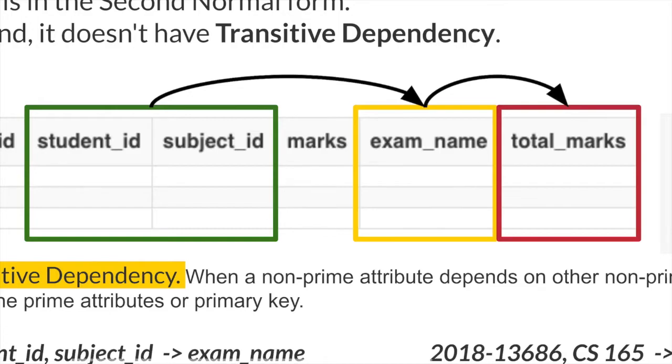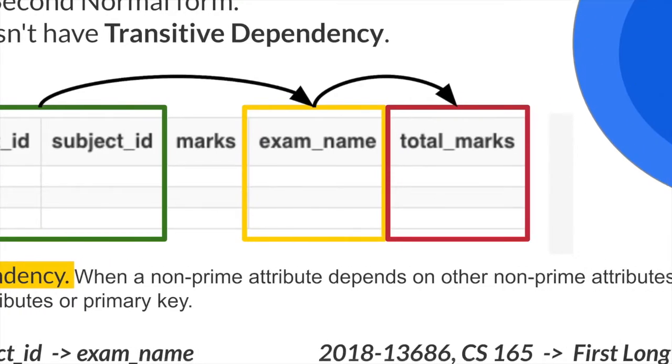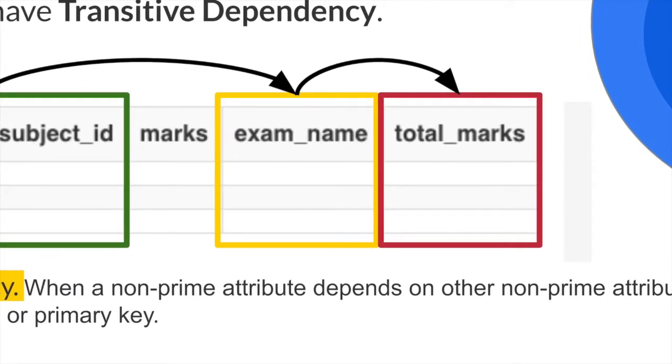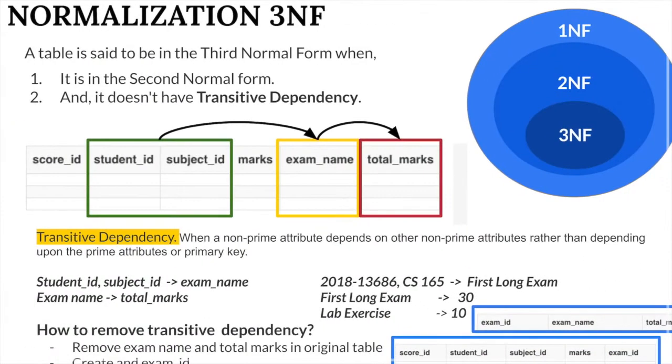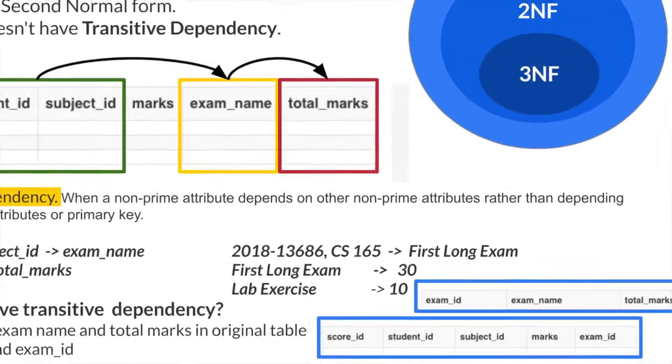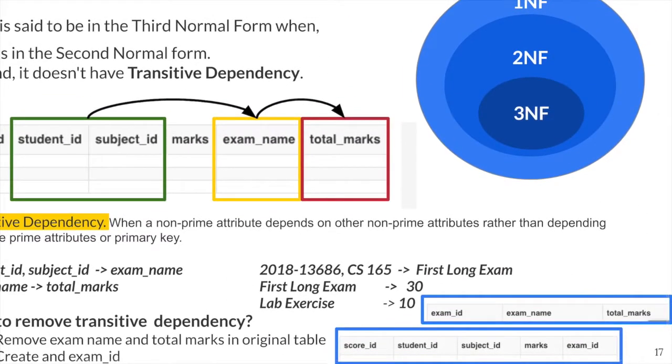However, we have a functional dependency then on the exam name and the total number of points. So, in this case, for example, meron tayong particular student, tapos may first long exam, and then the first long exam ay 30 points. Yung lab exercise as exam name ay 10 points.